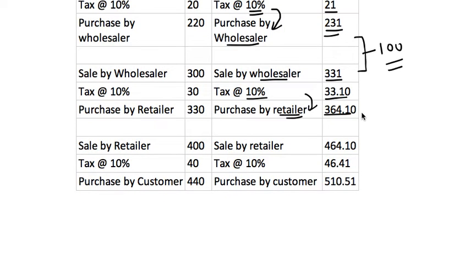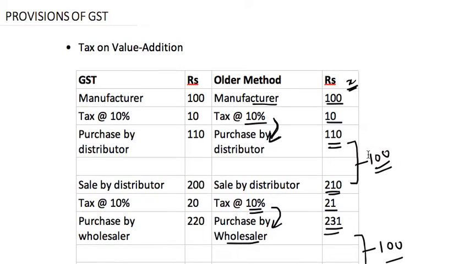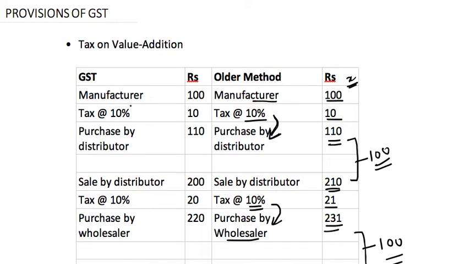The retailer will do the same thing by adding 100 rupees to his margin and selling it at 464.10. The tax to be paid by the consumer here would be 46.41 and the final price to the consumer comes at 510. Now let's talk about GST and compare it with the older method.